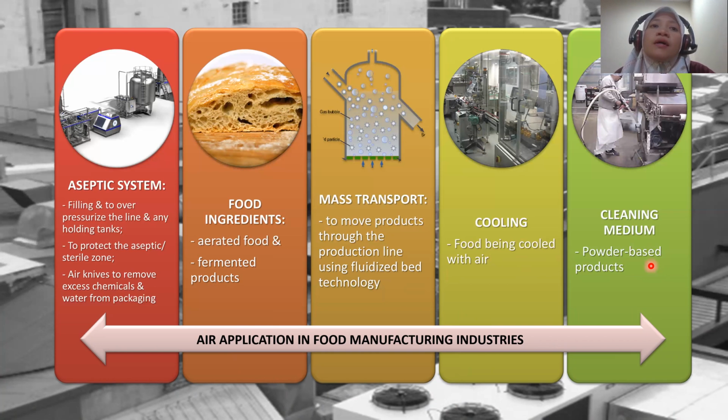especially during initial cleaning in the powder industry, like spice and milk powder, where the initial cleaning will blow away the residue in the equipment before the next cleaning steps proceed. Air may also be used to dry the equipment after the final rinse or sanitizing.